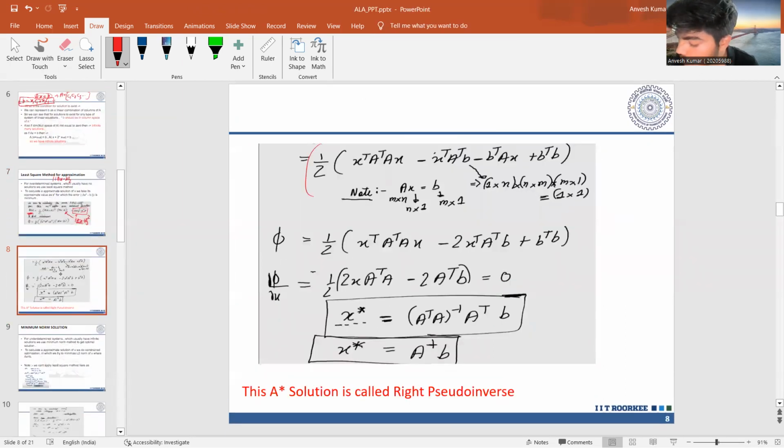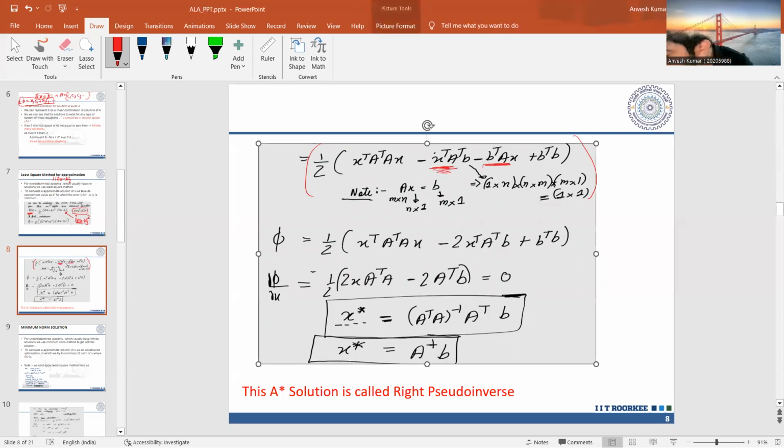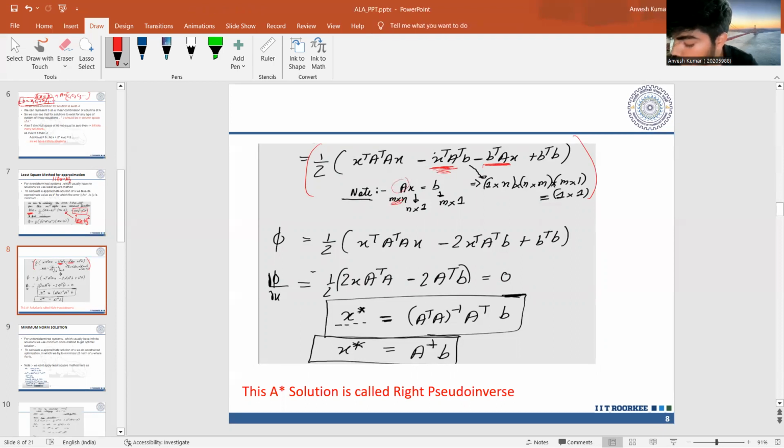Our residual function has two terms in between. If our equation was Ax equal to b, let A be of order m cross n. So x has to be of order n cross 1 and b has to be of order m cross 1. See here, x transpose will be of order 1 cross n, A transpose will be of order n cross m, and b will be of order m cross 1.